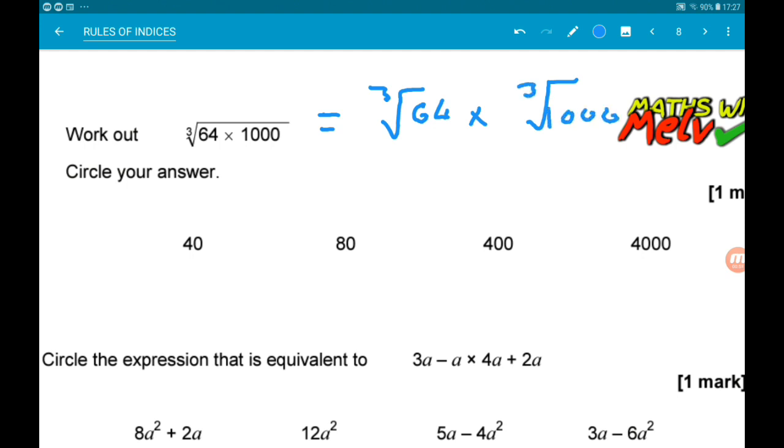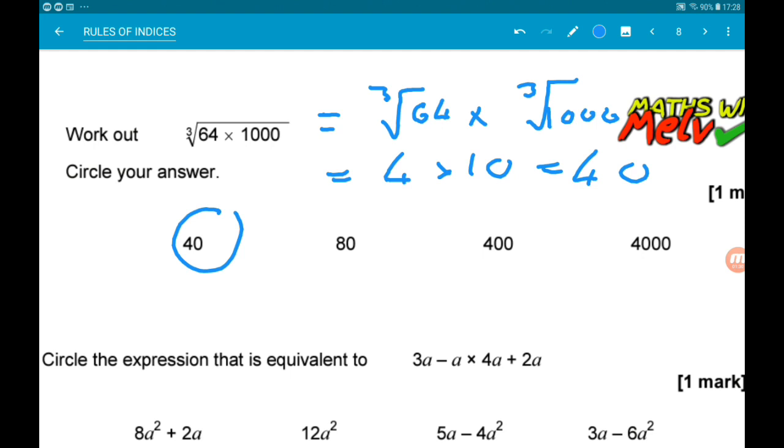Now the cube root of 64 is 4. The cube root of 1000 is 10, so it's 4 times 10, which is 40. Now, when powers are involved, you can only split them up like that if you're multiplying, not if you're adding or subtracting.